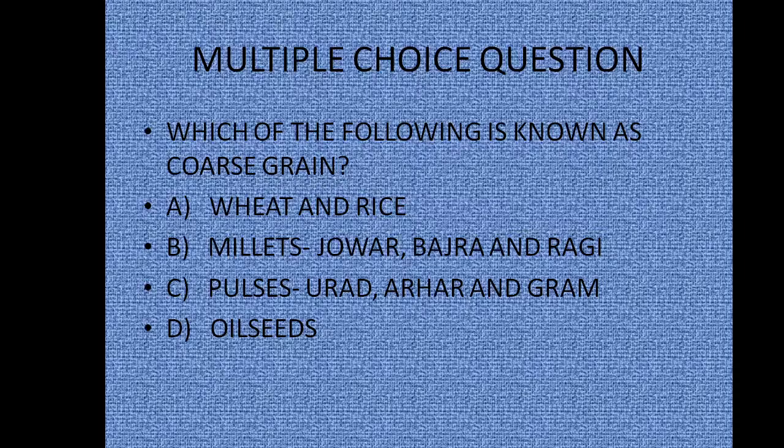The next question is, which of the following is known as coarse grain? The options are A, wheat and rice; B, millets, jowar, bajra and ragi; C, pulses, urad, arhar and gram; D, oil seeds. What's the answer?